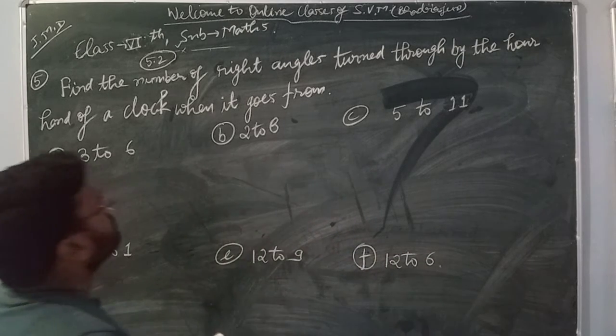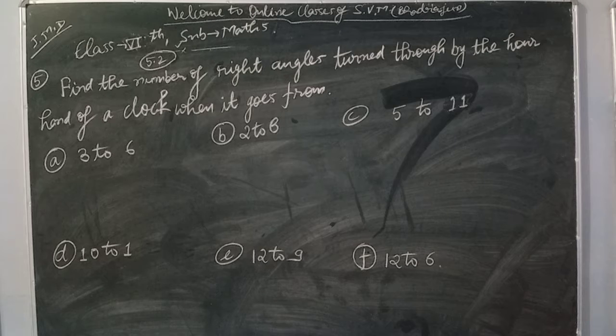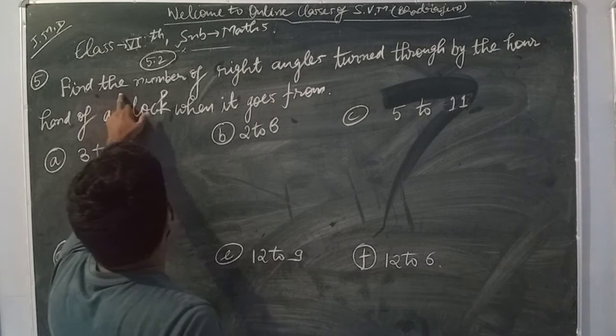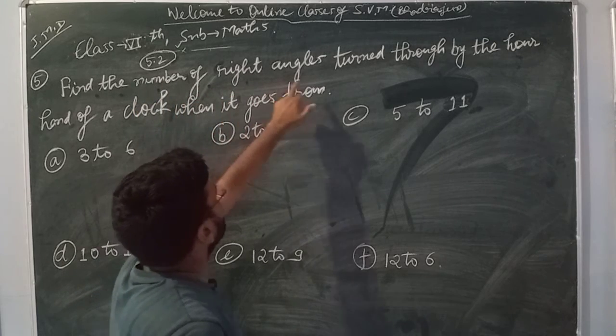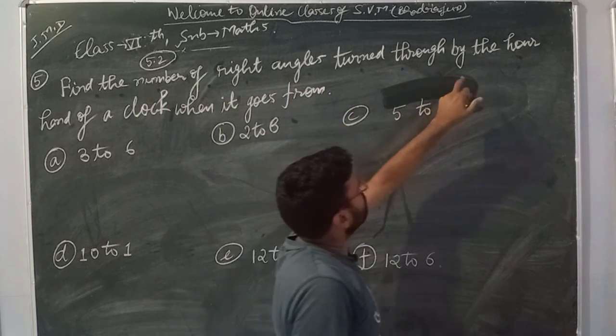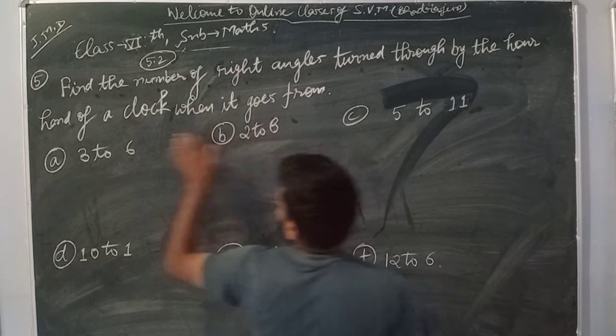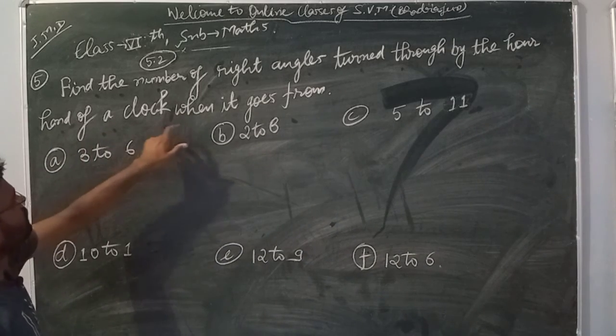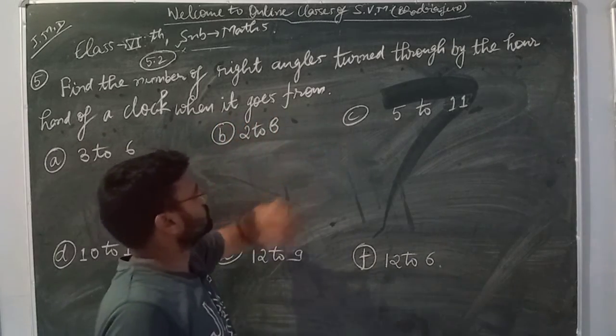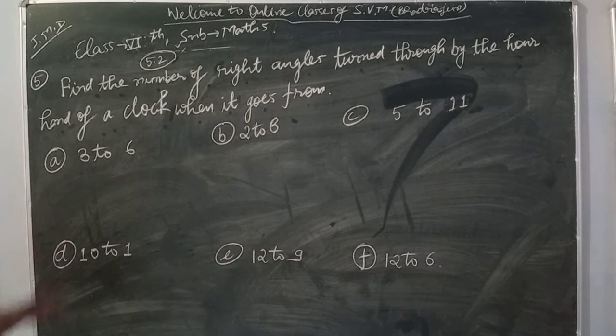I hope it is clearly visible and clearly audible to you. So what is our question? Our question number 5th is: find the number of right angles turned through by the hour hand of a clock when it goes from 3 to 6.